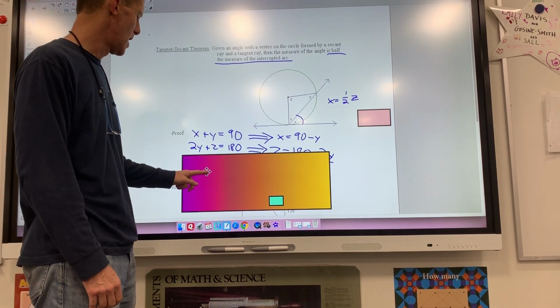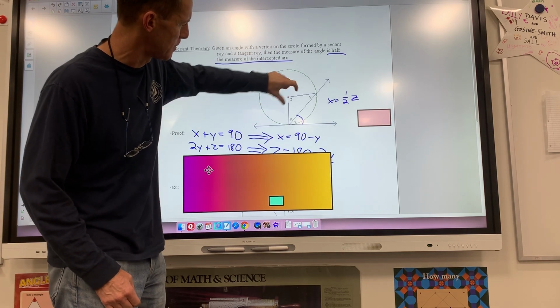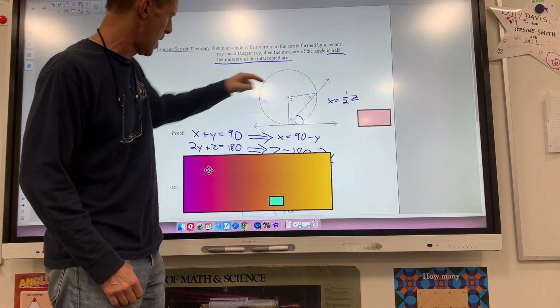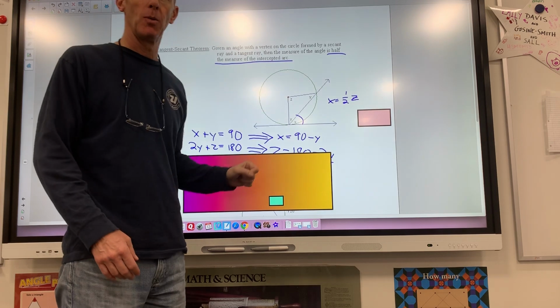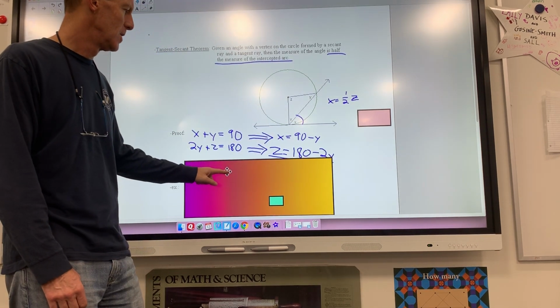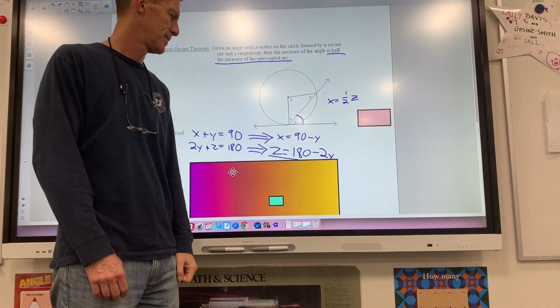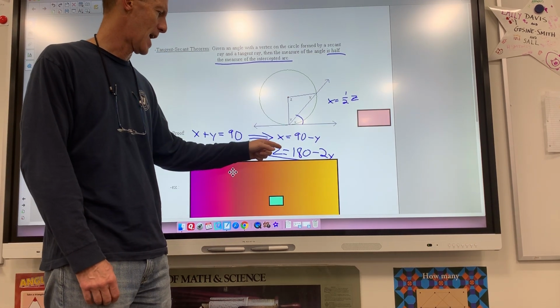Don't we also know that 2y, remember, congruent sides, opposite angles, so 2y plus z adds up to 180 in that triangle that's right there, right? Which means that z is equal to 180 minus 2y. Look at that.